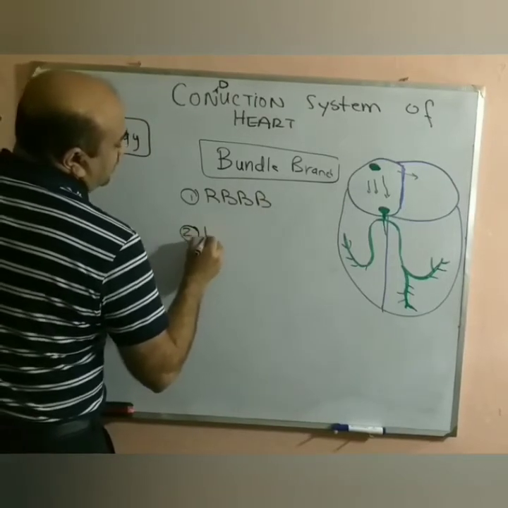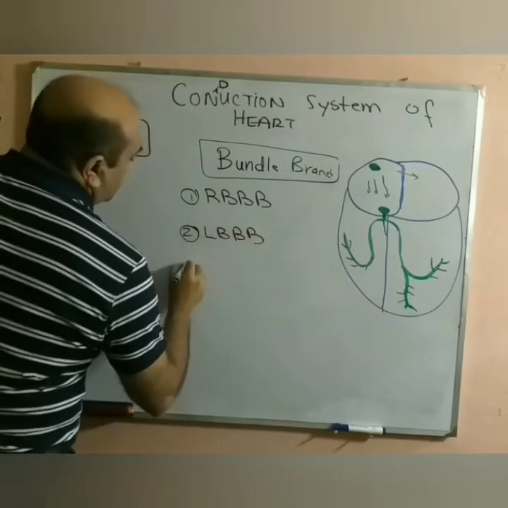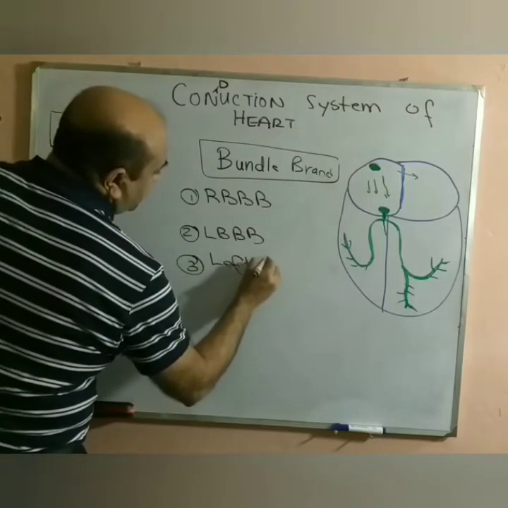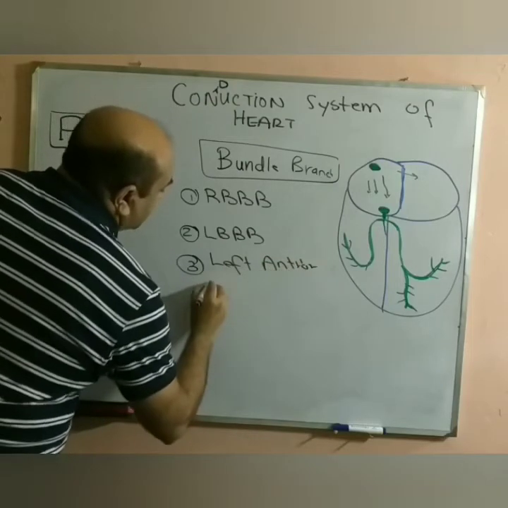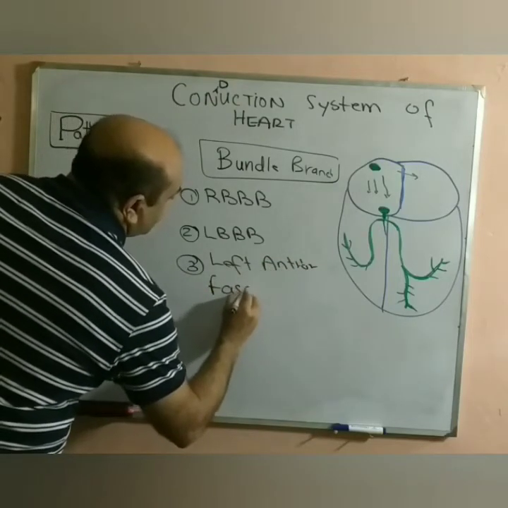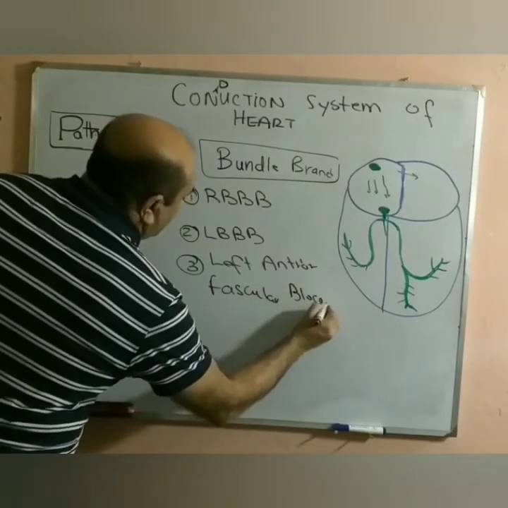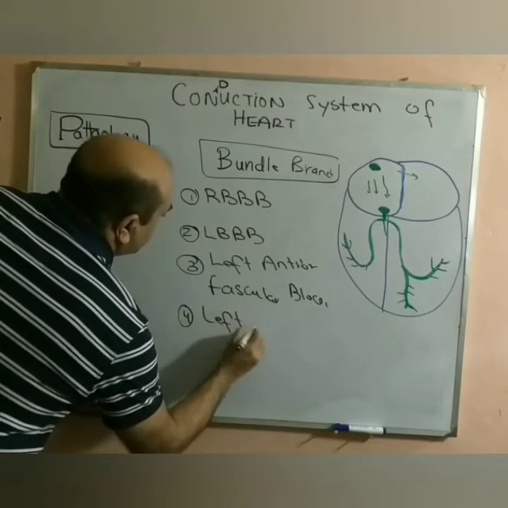One is left bundle branch block. The third one is left anterior fascicular block. The last one is left posterior fascicular block.